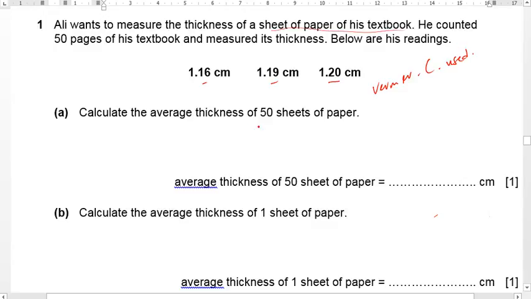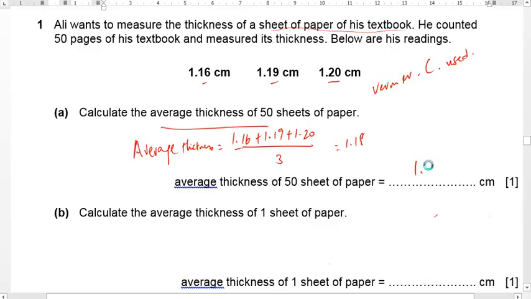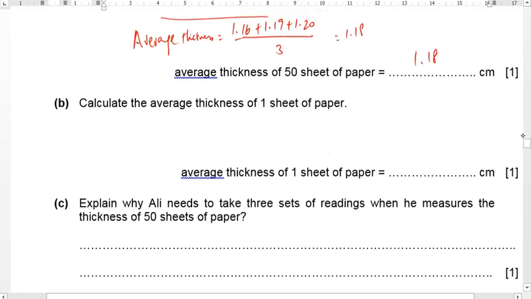Okay? So calculate the average. You just add everything up. Divided by 3. The average is equals to 1.18. Thickness, average thickness of one sheet of paper, then we're going to divide this by 50.